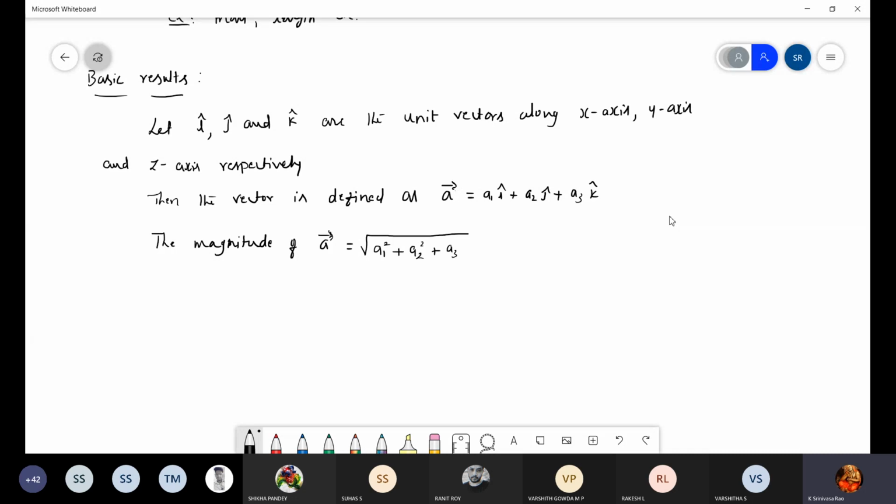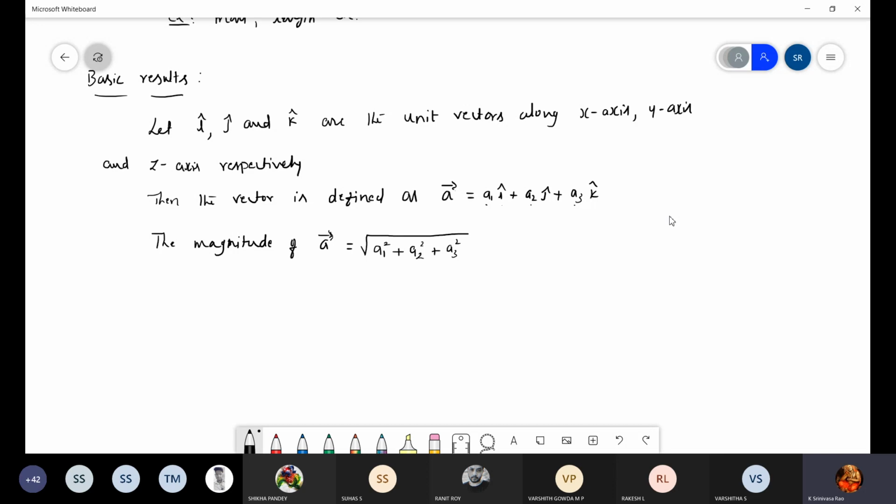Here a1, a2, a3 are magnitudes, a quantity, for a vector. This i, j, k shows the direction.